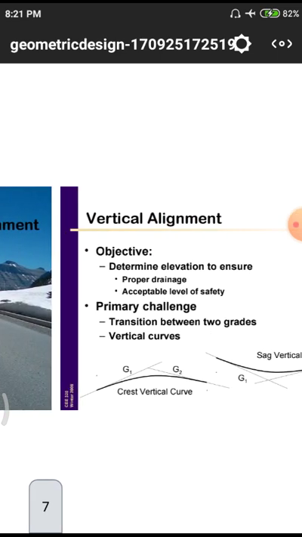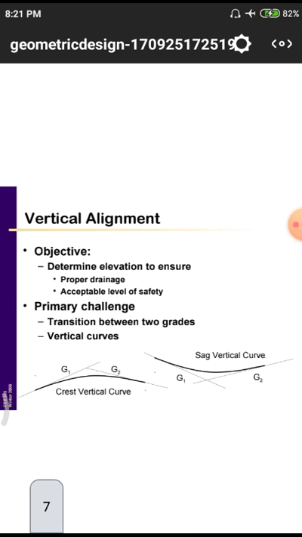In this vertical alignment we have hogging curves and sagging curves, and in those curves we have to design the road with respect to the gradients. That means G1 and G2 are the gradients. They are directly given. G1 is normally 3 or 2 or 1, but G2 is given as a negative, with a negative symbol before the G2. Why?